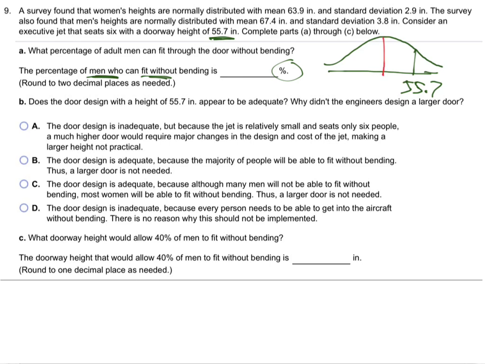So what's in the very middle for men? 67.4. Okay, and they want me to find this percent, the percent to the left of 55. Oh, wait, 55.7 is not to the right of 67.4, is it? To the left, right? That's a crazy graph that I've drawn there.